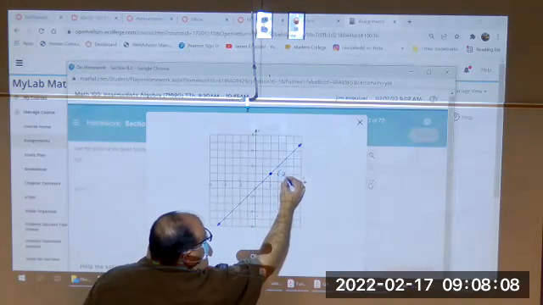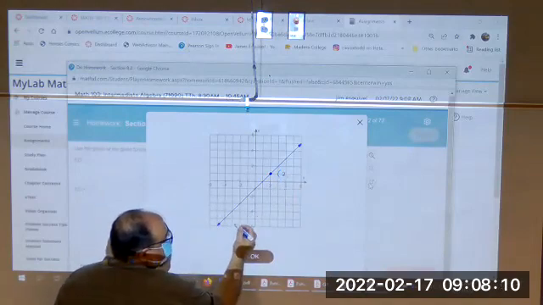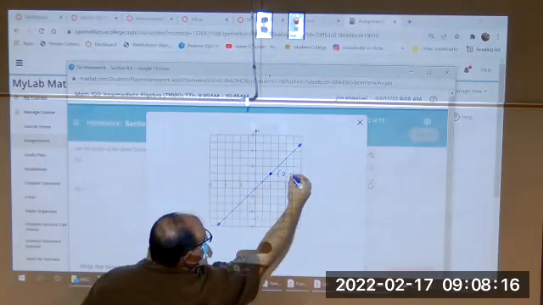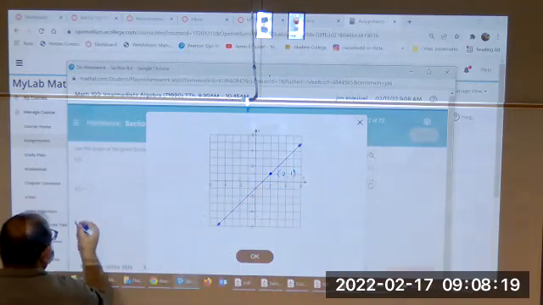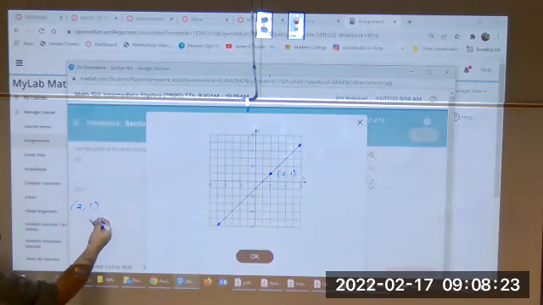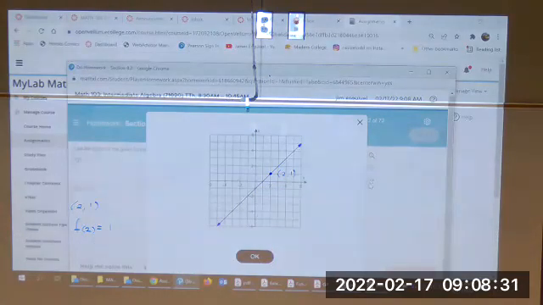What's the y value right here on this graph? It's 1 up, so the y is a 1. So the ordered pair, when 2 goes in for the x, 1 came out for the y, so f of 2 is 1. That's all.